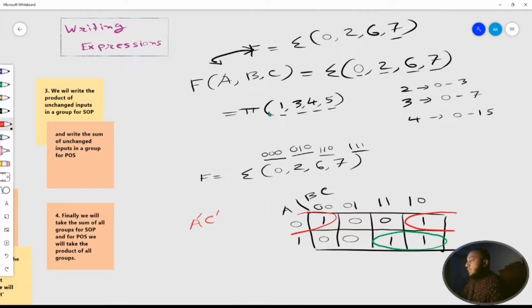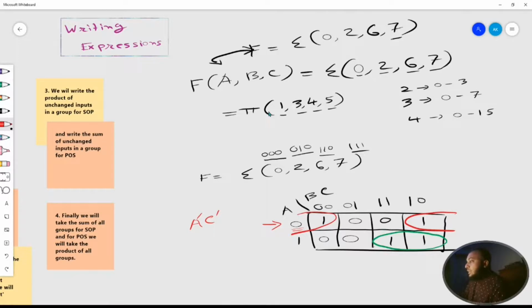We know that we have to take the inputs that don't change in a group. So in the red group we can see that it covers only the first row, and in the first row A is not changing, so we will take A, and as the unchanged value of A is 0, we will take A prime.